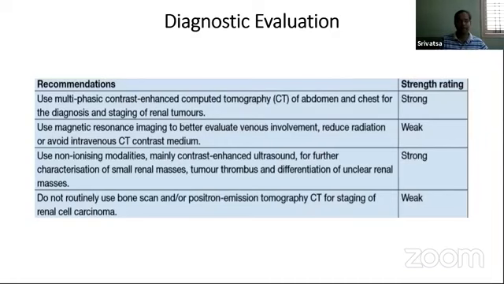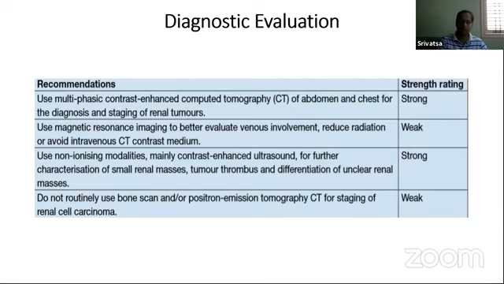Coming to the diagnostic evaluation, it has now become a fad that everyone is using PET CT scan for staging cancers. However, the guidelines are quite strong as far as RCCs are concerned, and the current recommendation is to use a multi-phasic contrast enhanced CT scan of abdomen along with screening of chest for both diagnosis as well as staging of renal tumors.